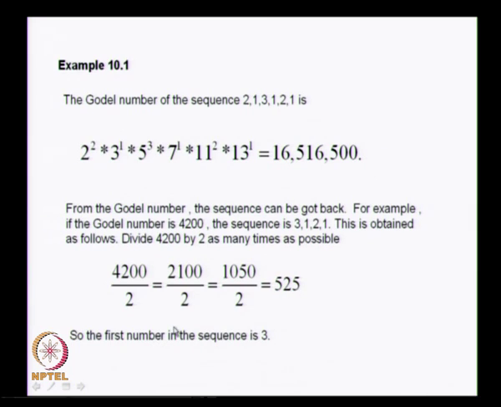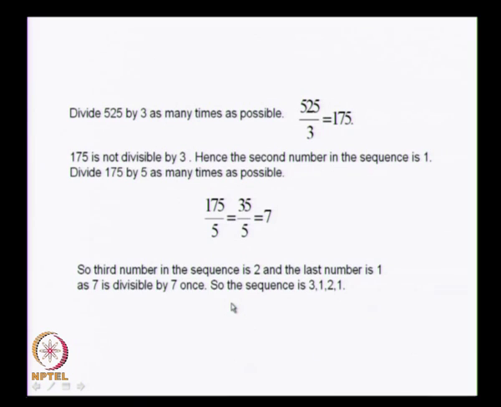So, the first number in the sequence is 3. Then you try to divide 525 by the next prime, which is 3, it divides only once. So, the next number in the sequence is 1. The quotient is 175 now, and try to divide by 5 and it divides 175 2 times and you end up with 7 as the quotient.